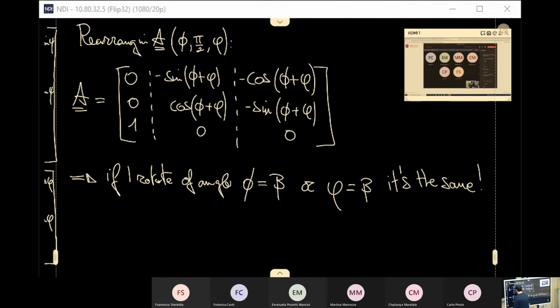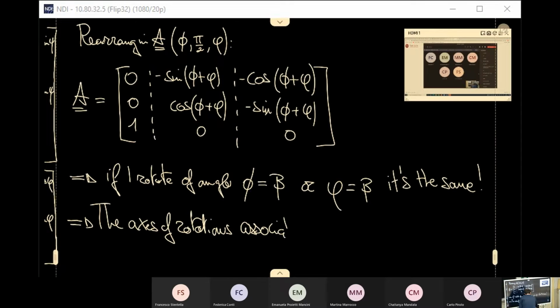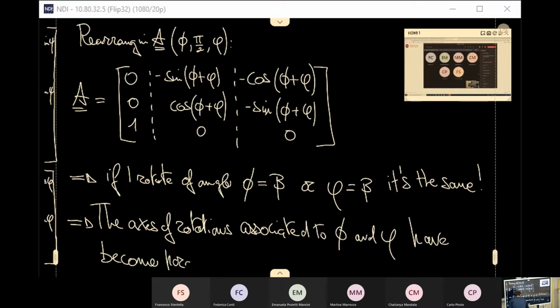This means that the axes of rotation associated to phi and psi have become parallel, right?